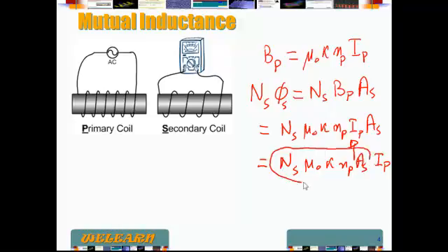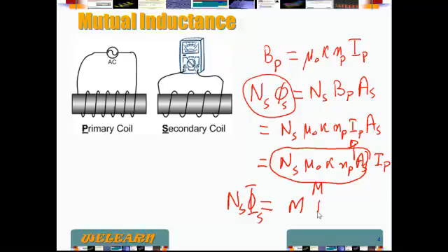And all of this is a constant that we are going to call M. So my overall flux, N_S phi_S, is going to be that constant M times I_P.